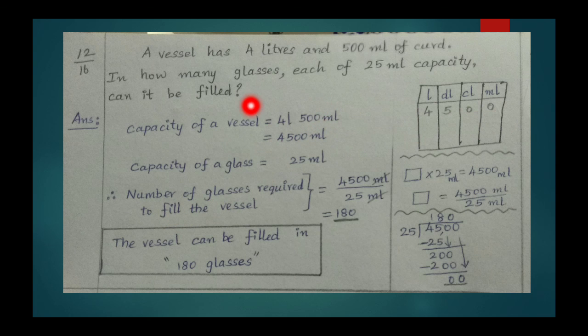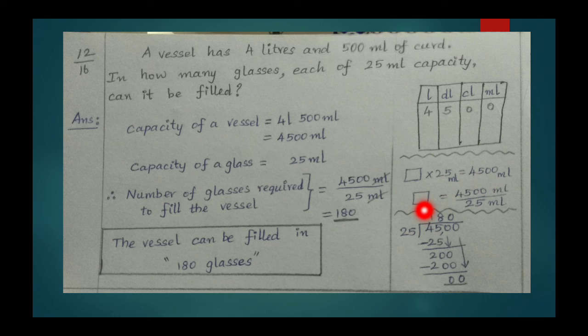What do we need? The number of glasses required to fill the vessel is equal to the total capacity of the vessel divided by the capacity of one glass. Why do you divide? How many glasses, each of 25 ml, are equal to 4500 ml?